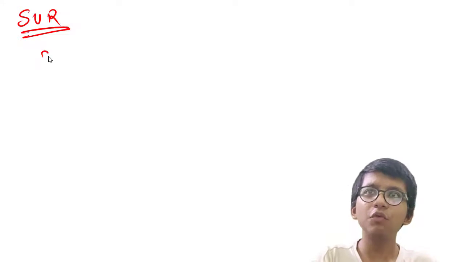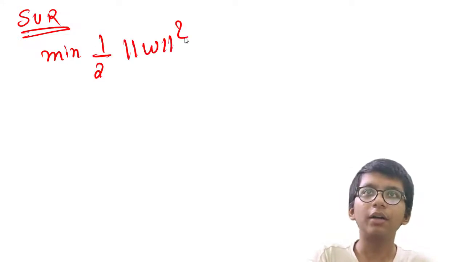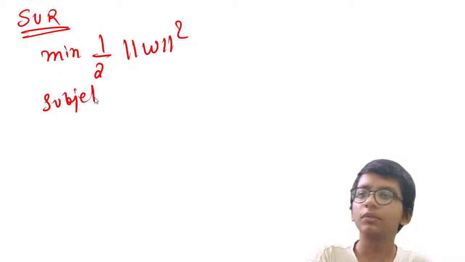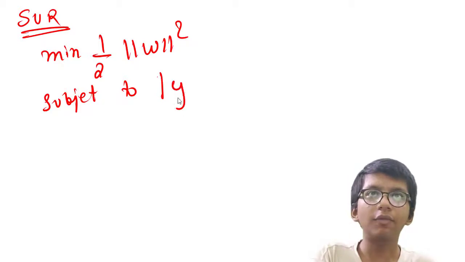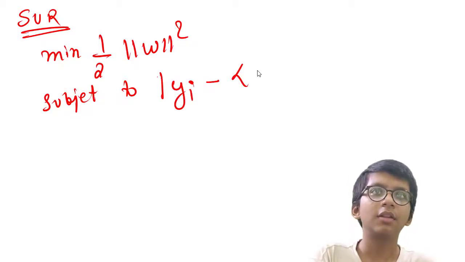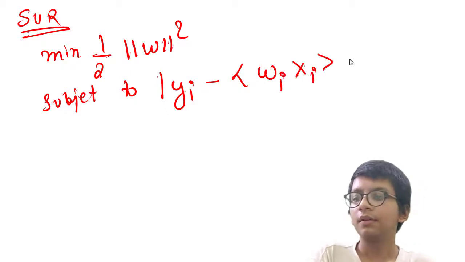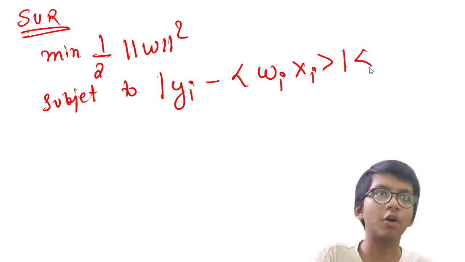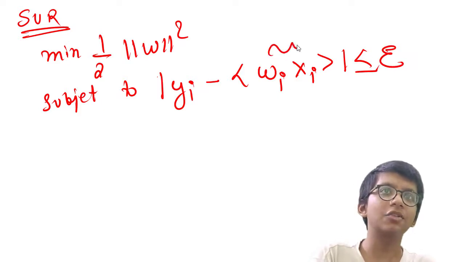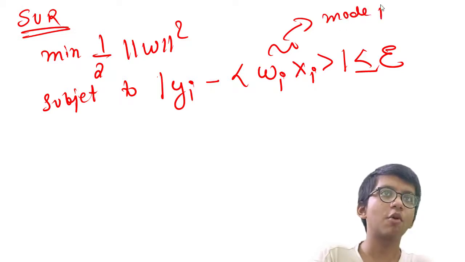You want to minimize 1 over 2 the norm of w squared, subject to the absolute value of yi minus the product of w and xi, the parameter, being smaller than or equal to some threshold, and this is just the model prediction.